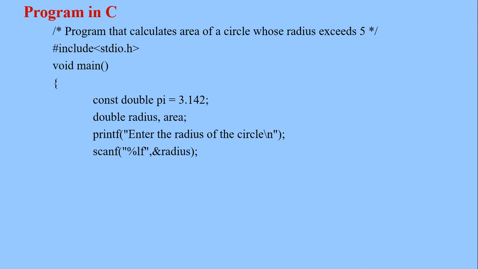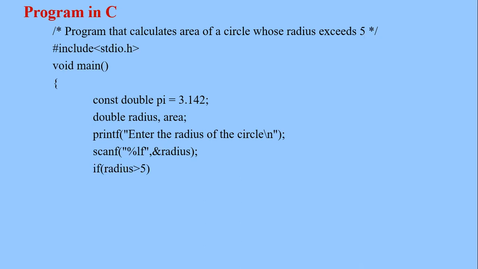Remember, %lf, that is the identifier for the double data type. So simply, we are reading a value that has a fractional part, and that value will be stored in the memory location called radius.